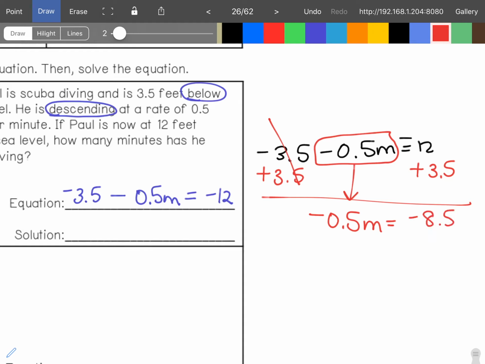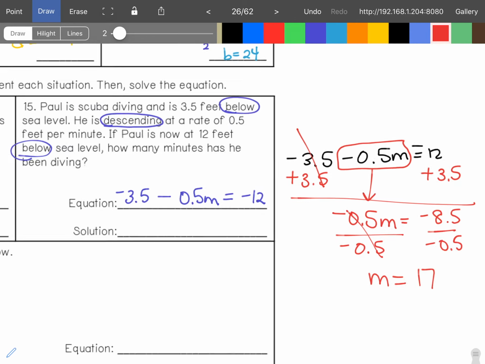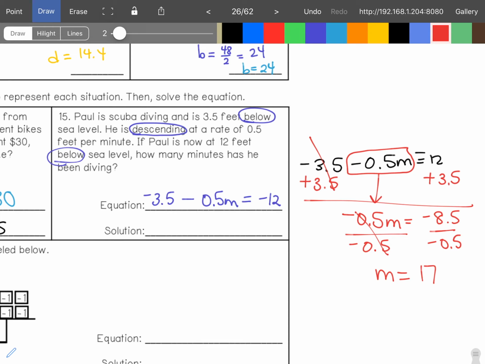Negative 8.5. And then we can divide by that negative 0.5 out front. Those will cancel. And you should get 17. So it said how many minutes has he been diving? He's been diving for 17 minutes.